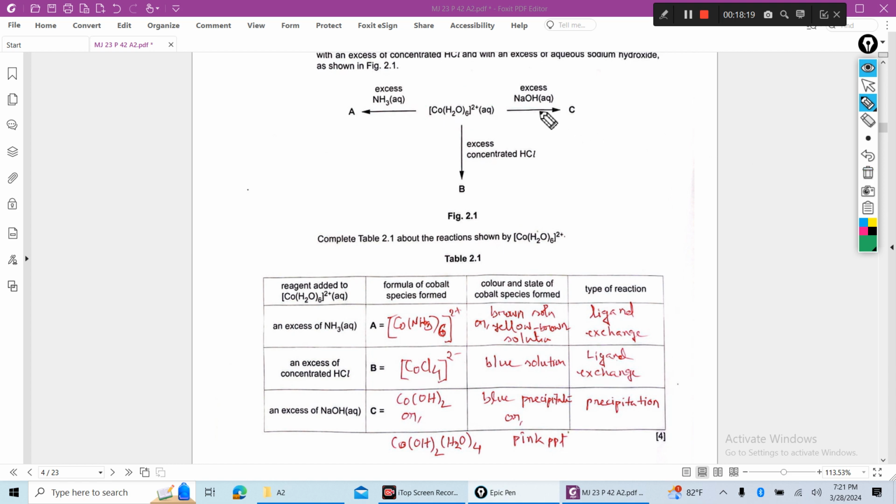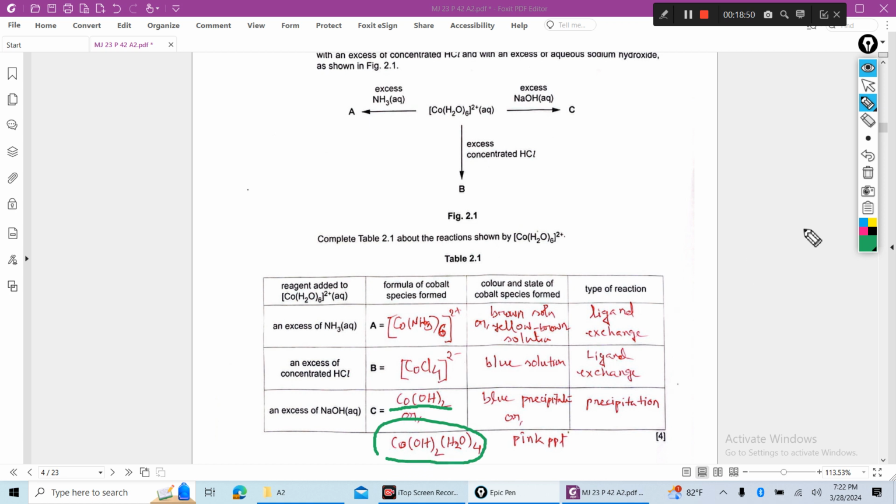Now you see, if you add excess sodium hydroxide to the aqua cobalt complex, it will first form cobalt 2 hydroxide, or you can write cobalt 2 hydroxide tetraaqua. If you write Co(OH)2, you get marks, but actually the formula is tetraaqua dihydroxy cobalt 2.